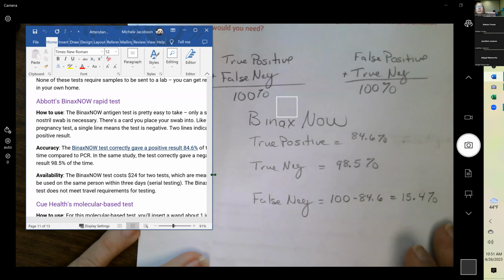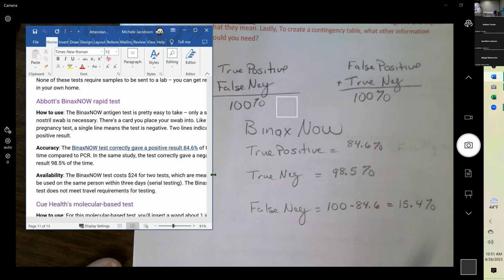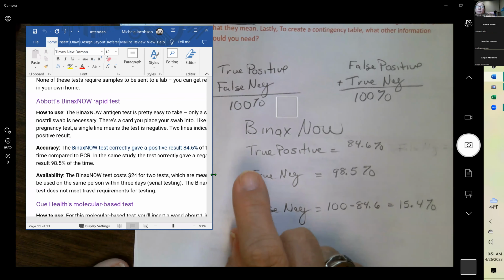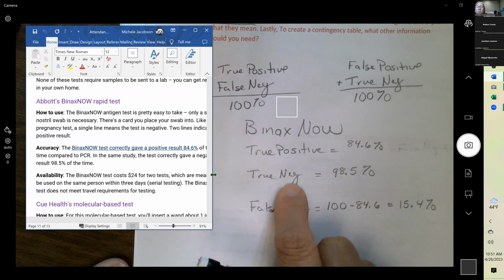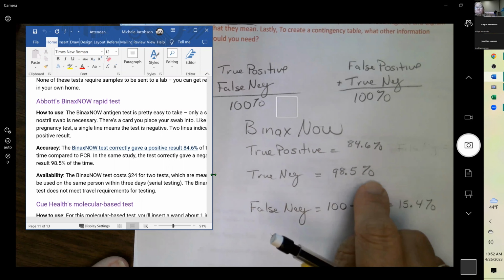And they should test right away for a longer version. The true negative means you tested negative and it was correct. So if you don't have COVID and you use the test, 98.5% of the time it will tell you you don't have it.